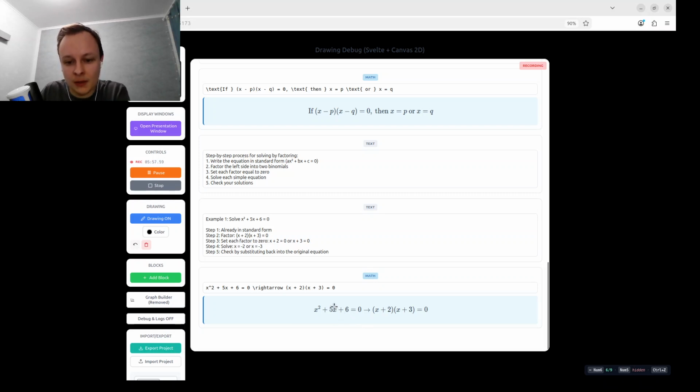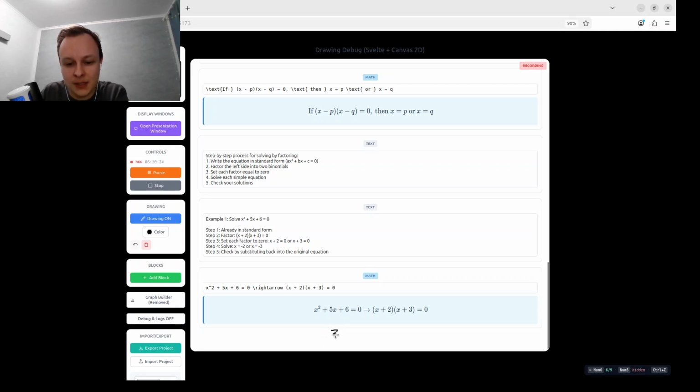You look at these two coefficients here, and you have to find two numbers which in multiplication will give you 6, and in addition will give you 5.